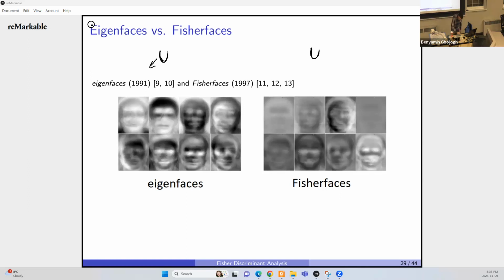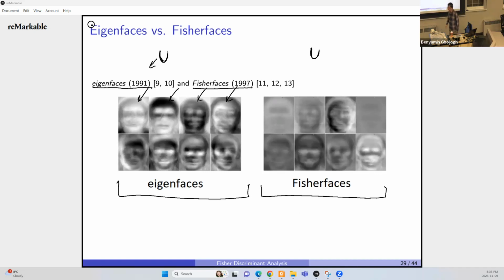Each of these is one of the columns of U, reshaped to become an image. This part is for Fisher, this part is for PCA. Eigenfaces was proposed in 1991, Fisherfaces was proposed in 1997.